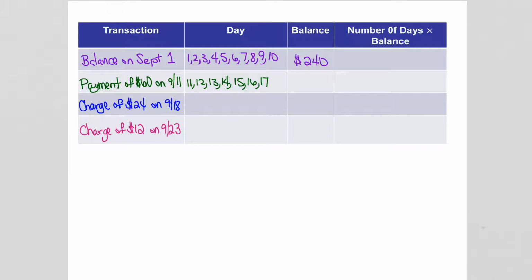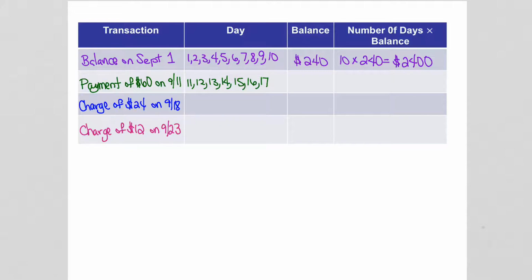So, on the first row, we've got our balance of $240 for 10 days. So we take the number of days, that's 10 days, times the balance, and get $2,400. Now I know that isn't the balance in your credit card at that point, but we'll figure that out when we divide at the end.